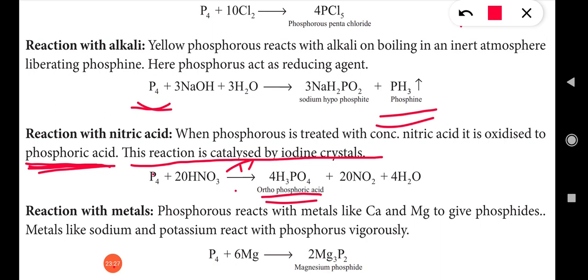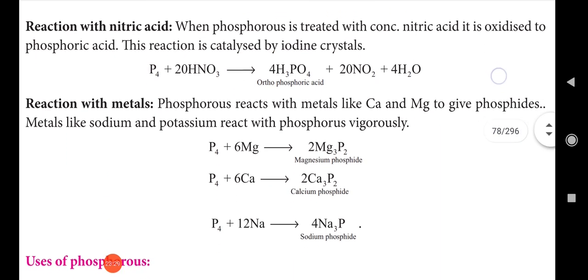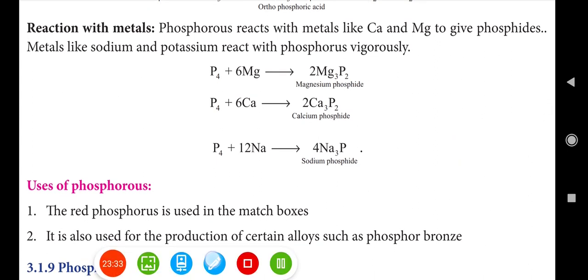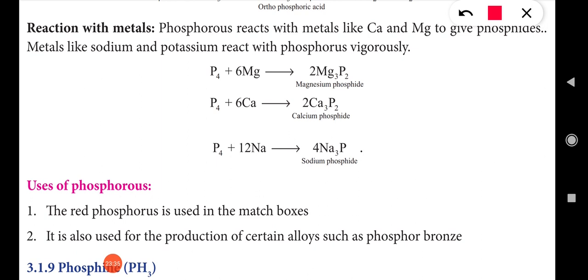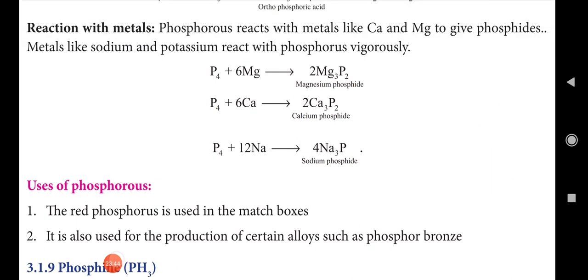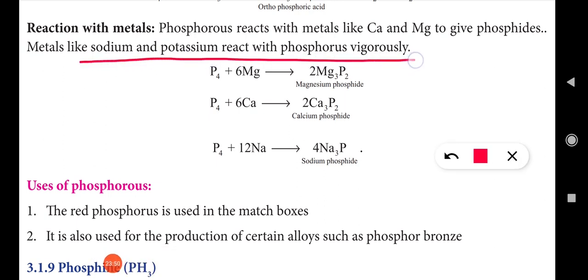Then reaction with metals. Phosphorus reacts with metals like calcium and magnesium to give phosphides. Metals like sodium and potassium react with phosphorus vigorously.